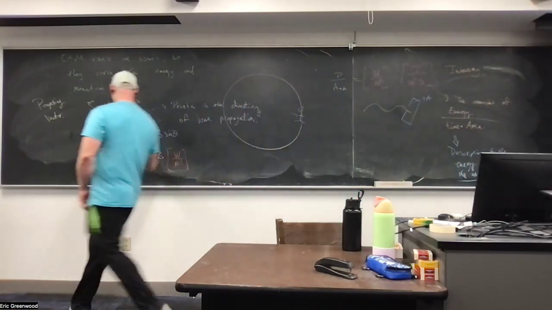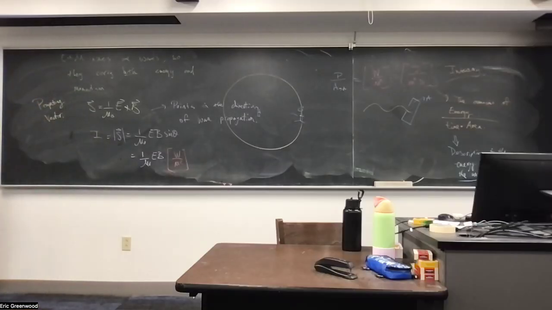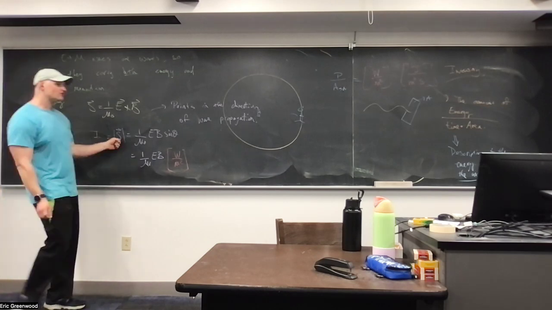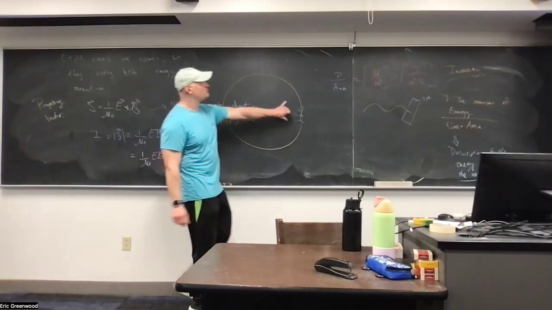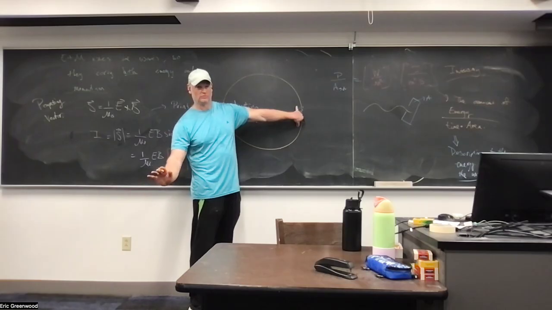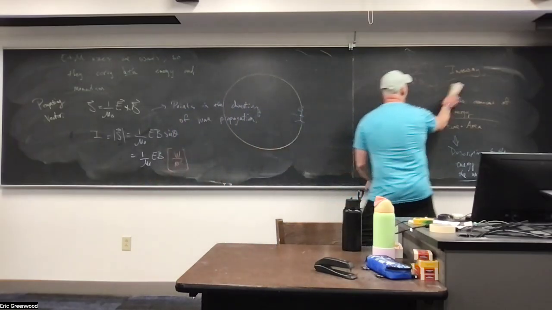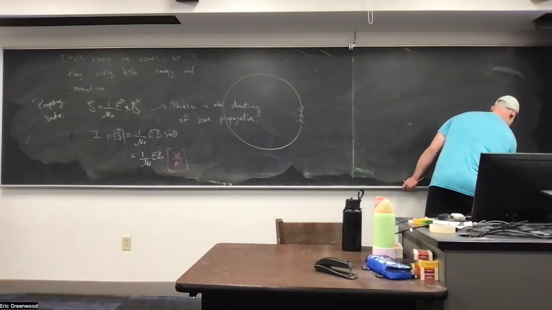So it turns out that the magnitude of the Poynting vector is simply the intensity of the light at a given point. Which again means that it's the amount of energy contained in an amount of cross-sectional area at a given moment of time. Okay? So the magnitude of this guy simply is the intensity.